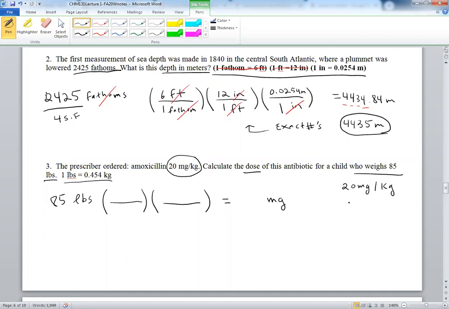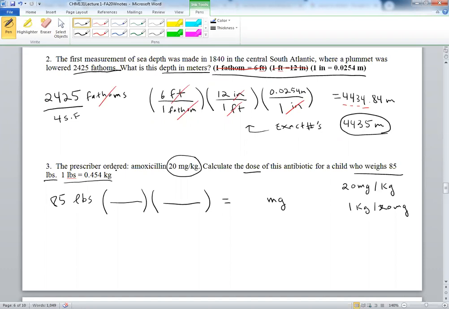So you could say 1 kilogram per 20 milligrams. It depends on, again, what you are calculating for. But that's the dosage here: for every kilogram of body weight, body mass, you have to give that person 20 milligrams. So if they weigh this much, let's calculate that.